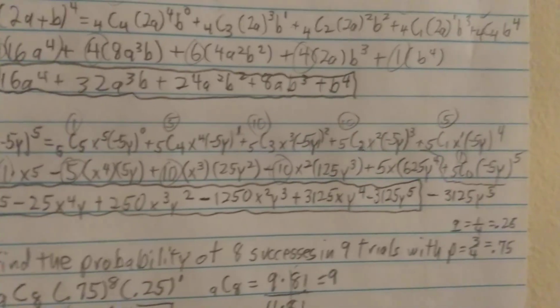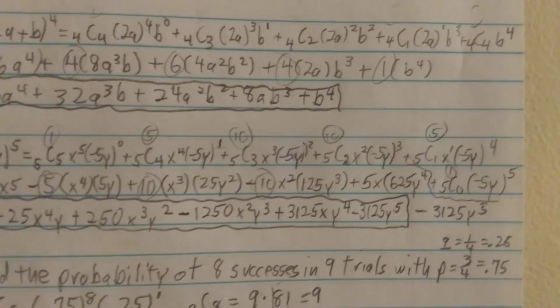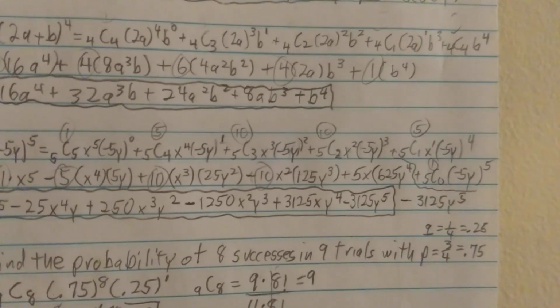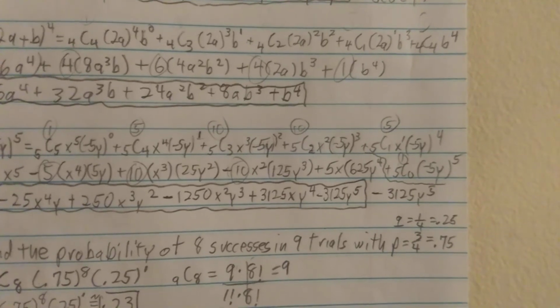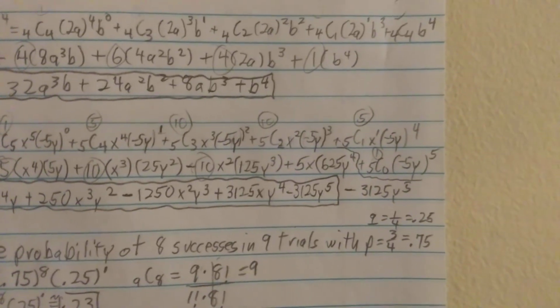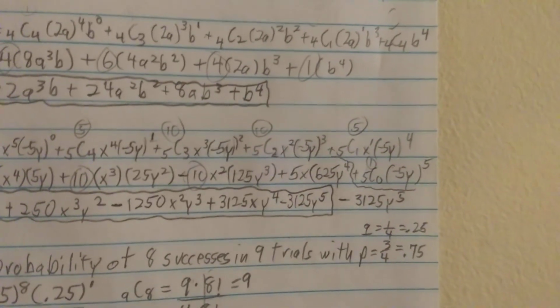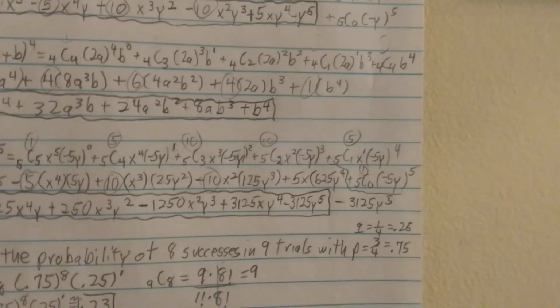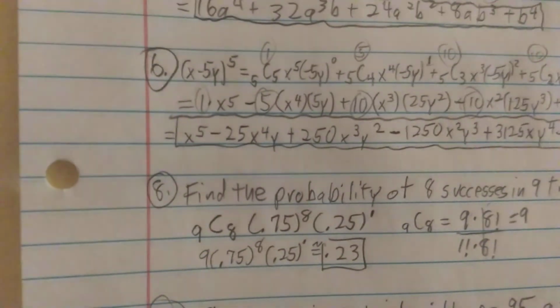So that multiplies to 32a to the third b, plus 4C2, 2a squared b squared, which is 6. 4C2 is 6, 4a squared b squared, or below, is plus 24a squared b squared. And then 4C1 is 4 times 2a b to the third, or plus 8ab to the third. And then the last term is 4C4, or 1 b to the fourth. And that finishes problem 4.